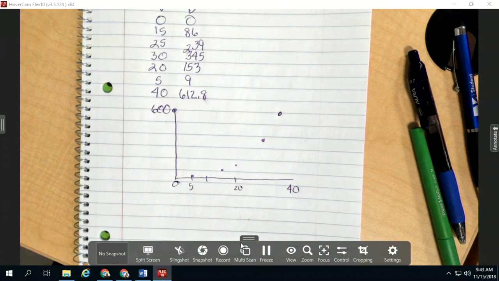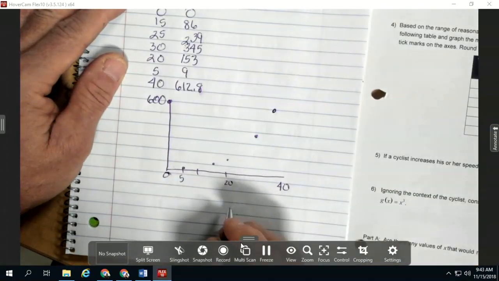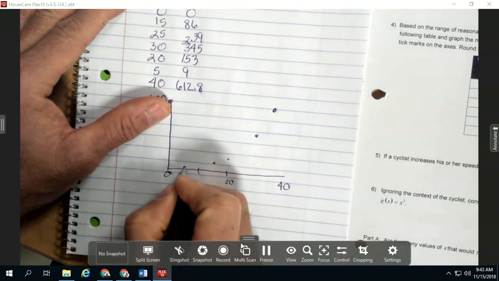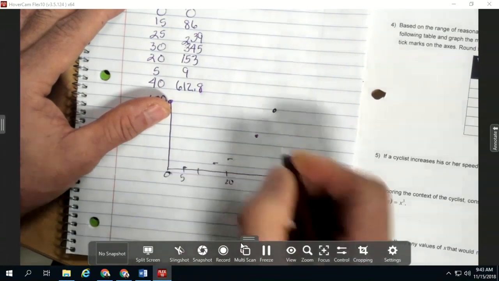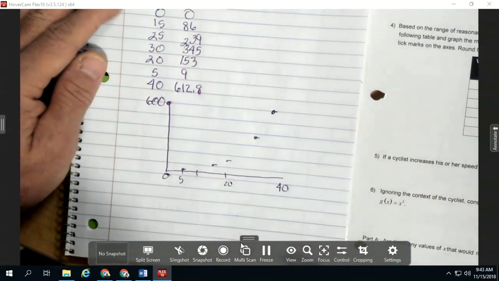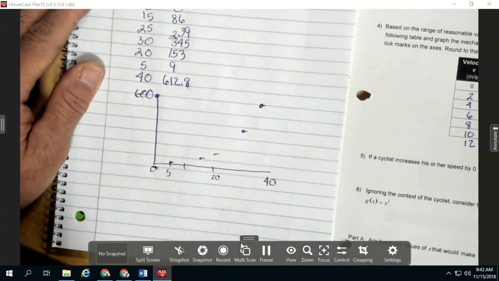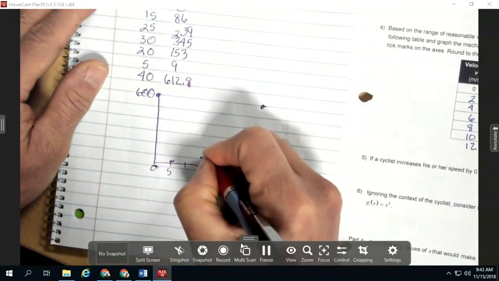So the question that they ask first is number 3. If the person increases his or her speed by 0.1 miles per hour, so if you go 0.1 farther this way, 0.1 farther this way, you always go 0.1 farther over, what is going to be true about the slope?